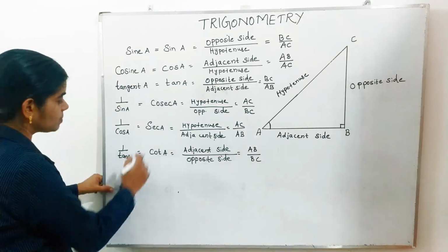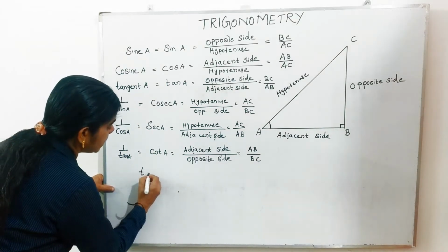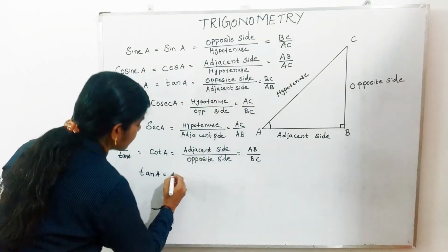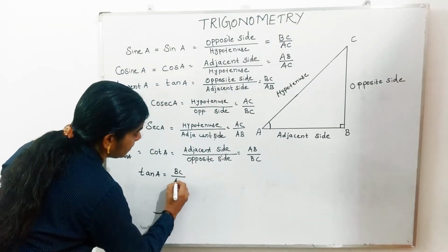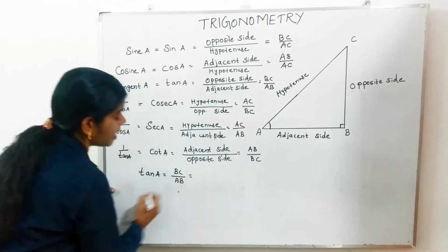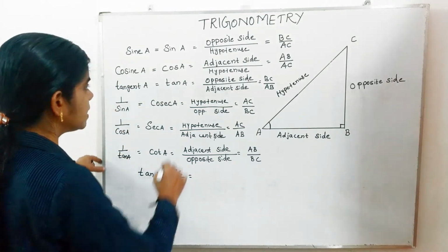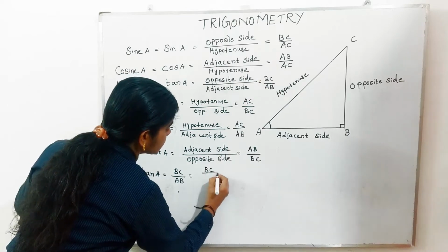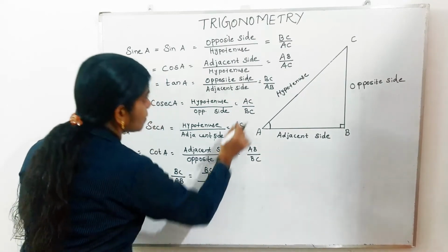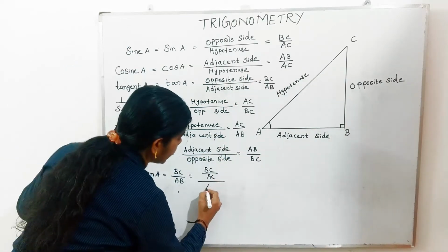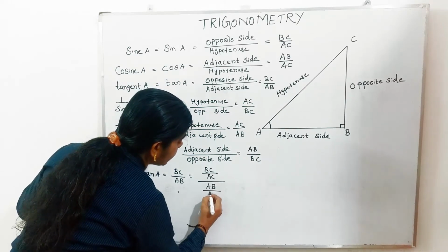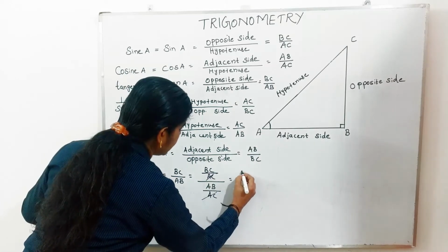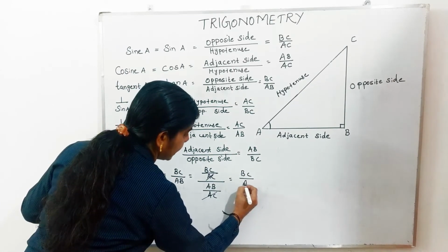Next, one more. Tan A is equal to, you already got tan A is equal to BC by AB. In any other way you will get that we can check. Sin A is equal to BC by AC. Then cos A is equal to AB by AC. This common AC we can cut out. Then again you are getting BC by AB.